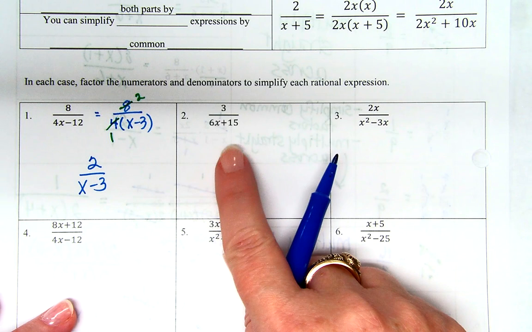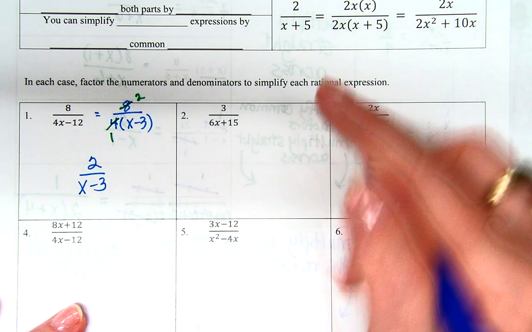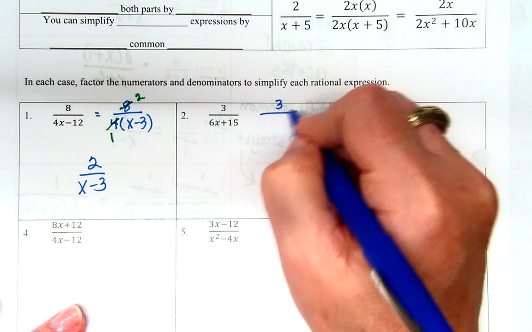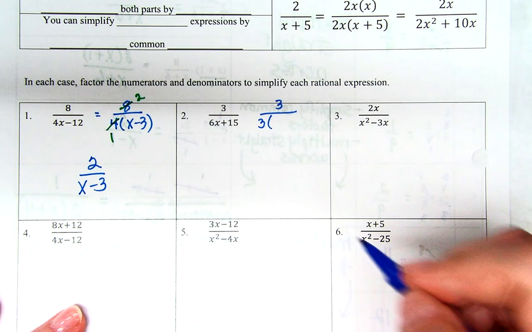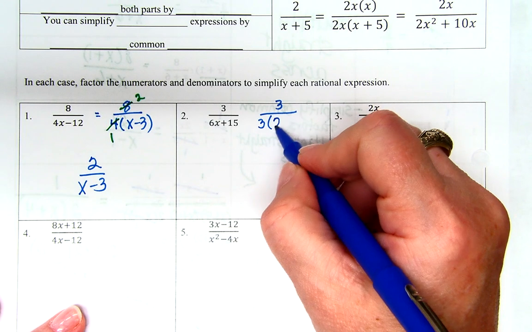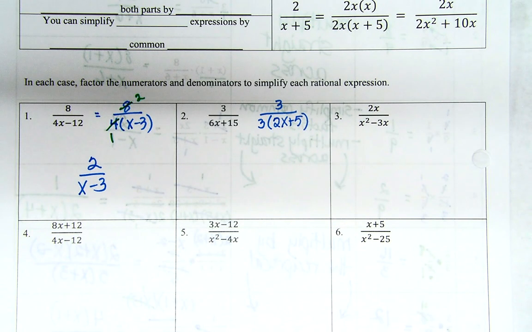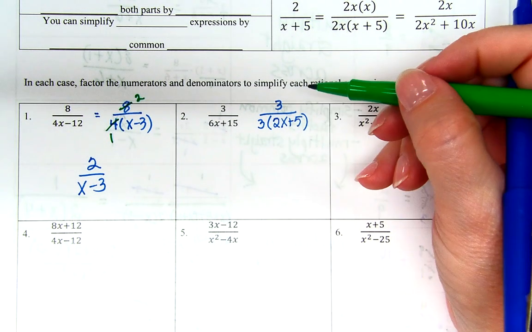What about this one? Number 2, what do I do here? Factor what? If I factor out a 3, what's left? Close. 2x plus 5, right? Now what can I do? Simplify what?